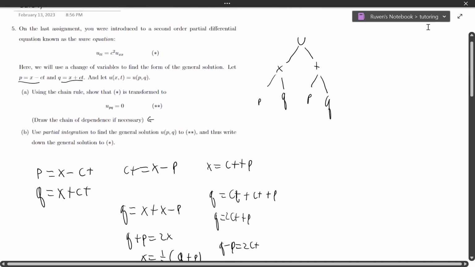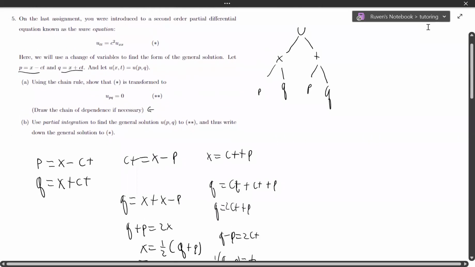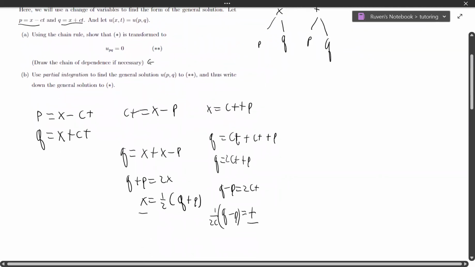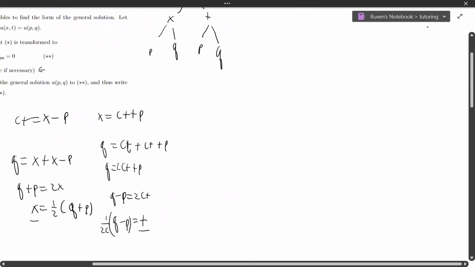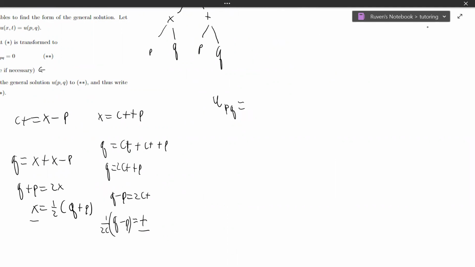So now we can start seeing what u_pq is. u_pq is the same thing as the partial derivative with respect to p and q.